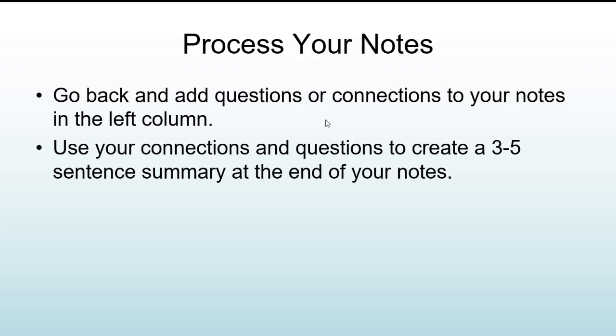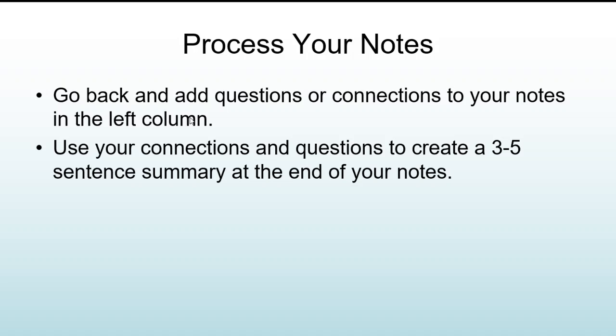All right, so those are our notes for right now. You can go ahead and finish those up. You want to make sure at the end that you process your notes. What does that mean? You're going to go back and add questions or connections to your notes in the left column.